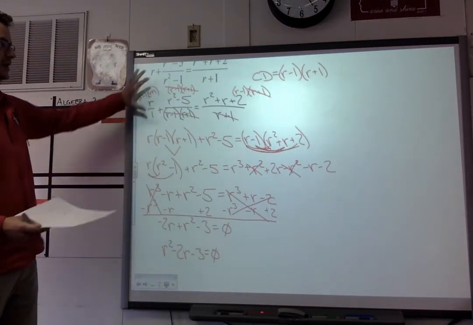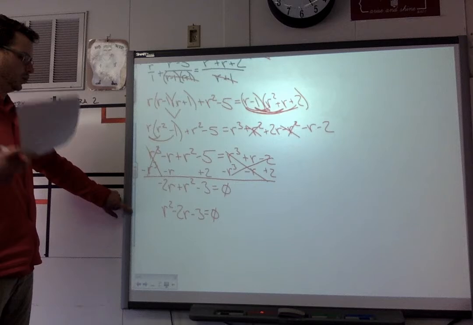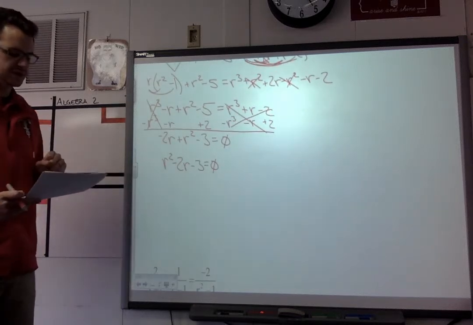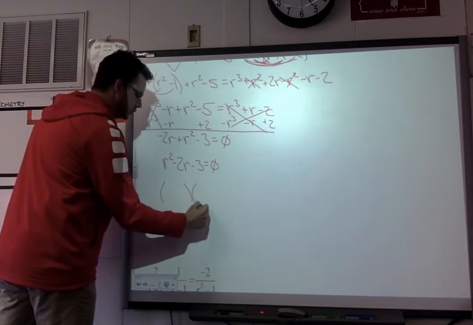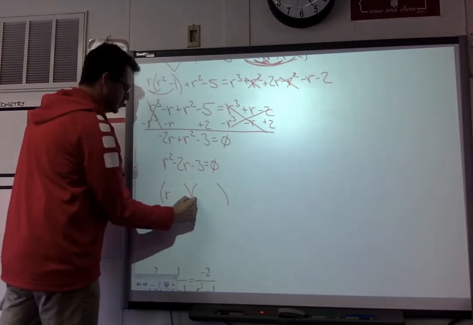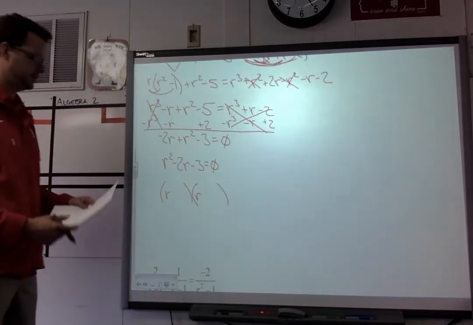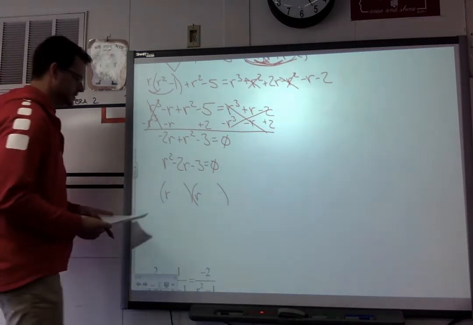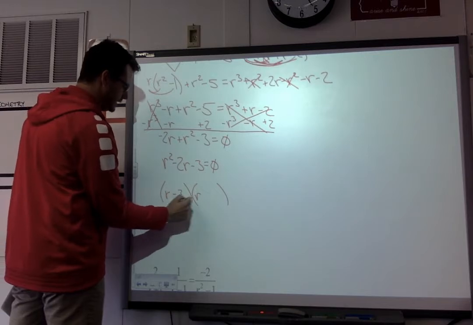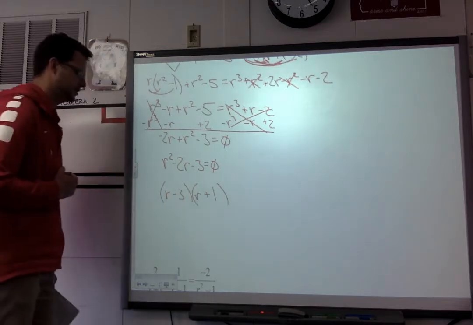So I know this is a lot of steps so far. We've got one left. We need to go ahead and factor this. So we know we need two numbers that multiply to negative 3 and add to negative 2. In this case, that's going to be negative 3 and positive 1.